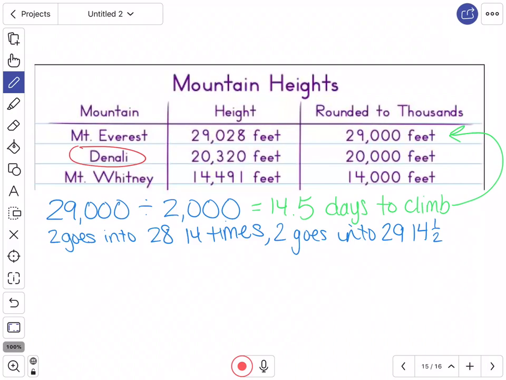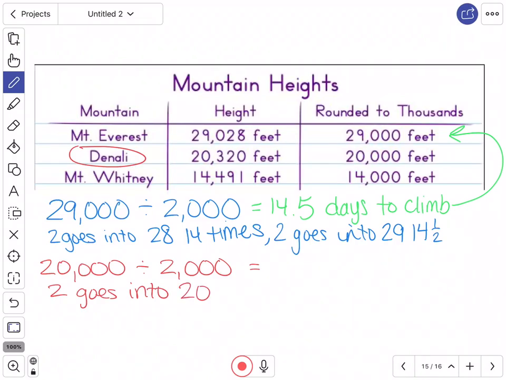All right, I'm going to switch colors here. So moving on to Denali. All right, so for Denali, we have 20,000 feet. All right, so 20,000 divided by 2,000. Ooh, this one's much easier. I know that 2 goes into 20 10 times.